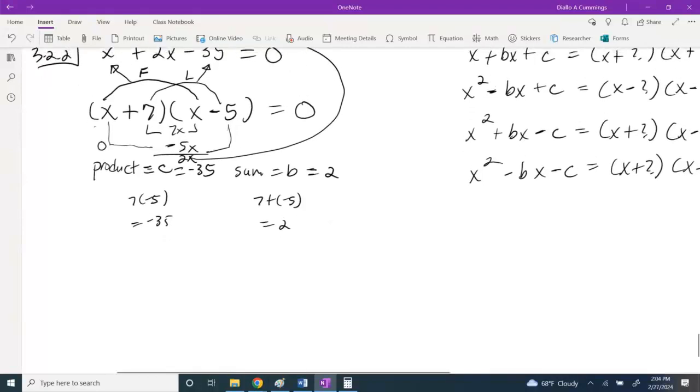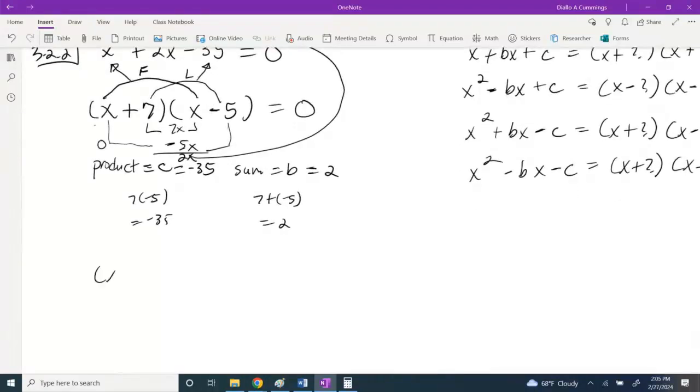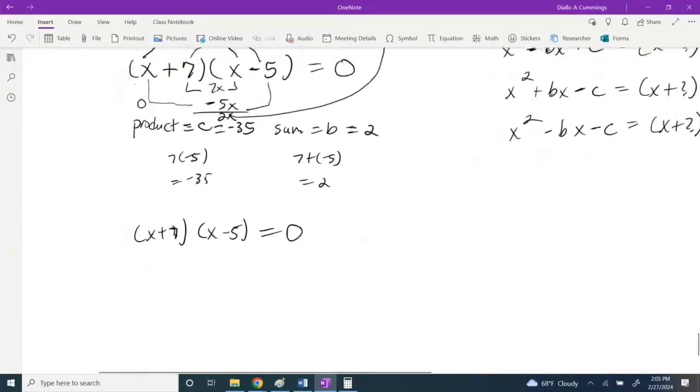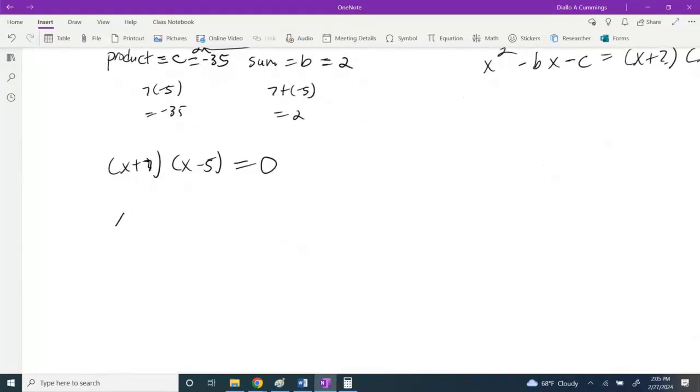So now that I have the correct factorization, x plus 7 times x minus 5 is equal to 0, I'm going to use the zero factor property. I'm going to set x plus 7 equal to 0 and x minus 5 equal to 0, and solve.